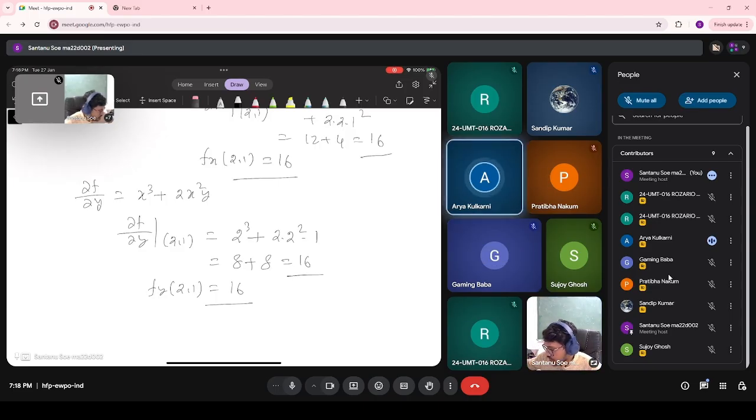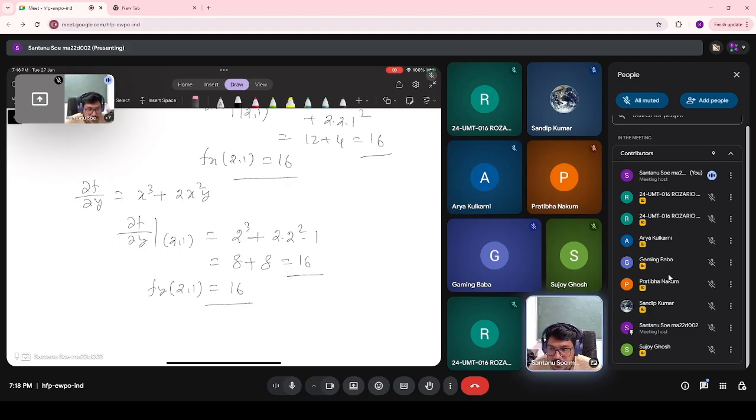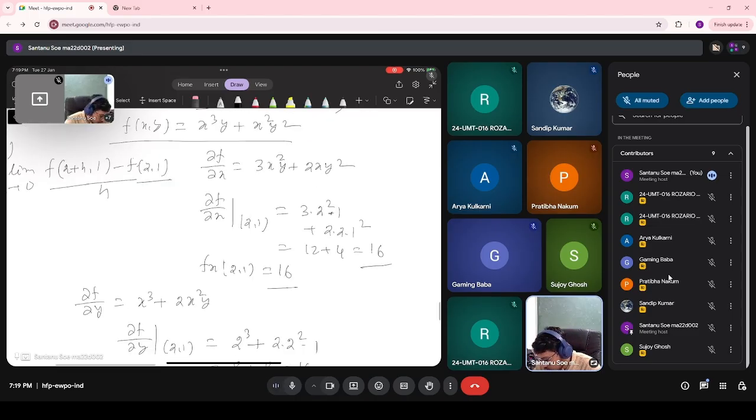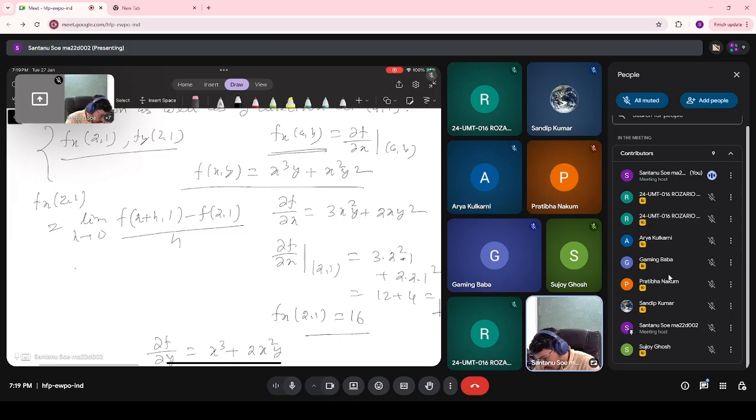Sir, first we have to prove that it exists, and then we can do the rest of the part. Am I right? Yes, that's true. But since this is a polynomial function, you can just see that the limit will exist. This is a differentiable function, so the differentiability will come in due course. Since I can see that the limit exists, if you go through this definition, you will also get the answer to be 16.